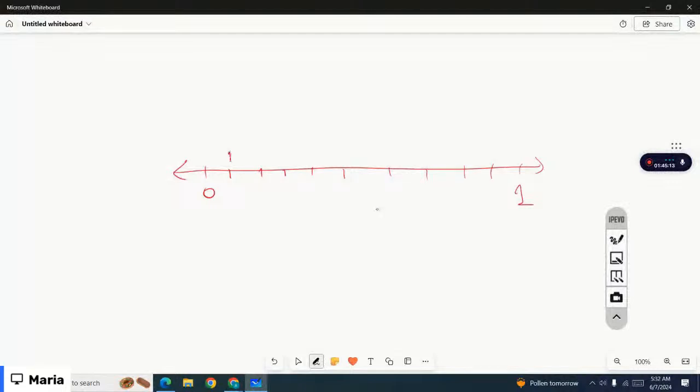That is 0.1, 0.2, 0.3, 0.4, 0.5, 0.6, 0.7, 0.8, 0.9, and then you have 1, right? This is actually the number line between all two values. If it is between 1 and 2, that would be 1.1, 1.2, 1.3, 1.4 until 2. Got it? So this is how we represent the decimals on the number line.